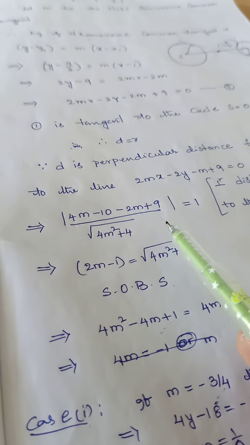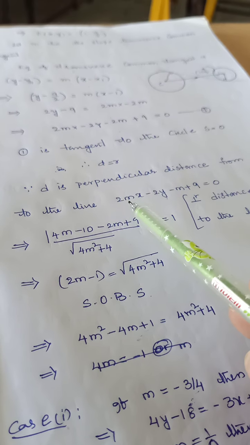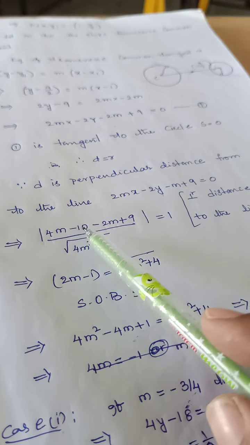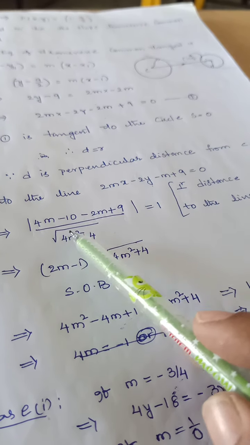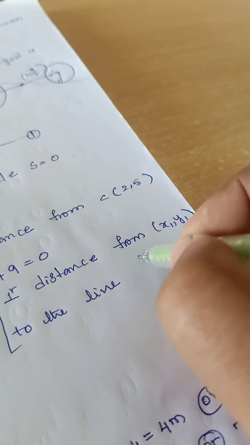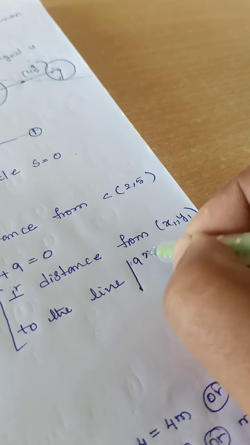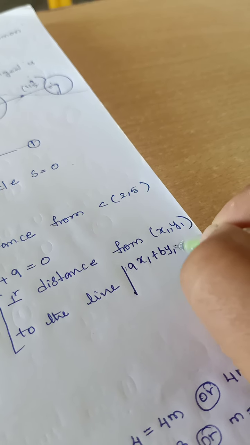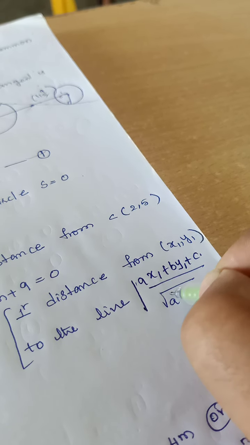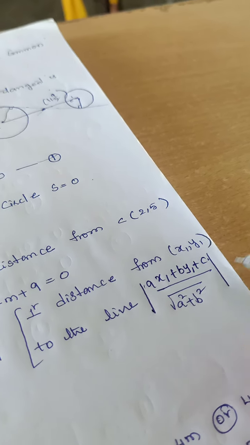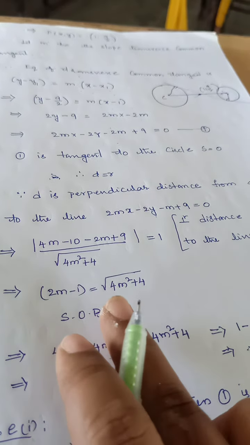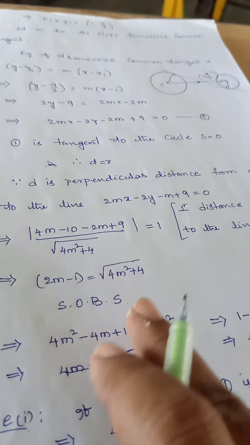On substitution of the center (2, 5), the formula is |ax1 + by1 + c| divided by √(a² + b²). By substituting all the values and simplifying, do the cross multiplication.